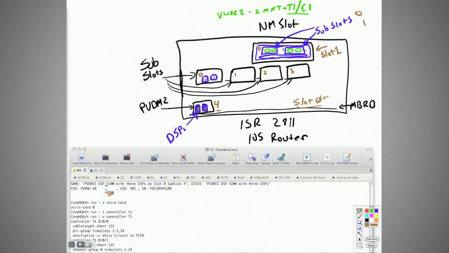Now on this router we only have 1 PVDM2 SIM card, but we do have 3 DSPs on there. But on routers that we have multiple, we can affect differently if we have one on a NMHDV, another on another NMHDV, and another set on the motherboard. We can affect those 3 separations, kind of partition those off for different capabilities, but we cannot affect them any more granularly than that. So that's one thing to note.